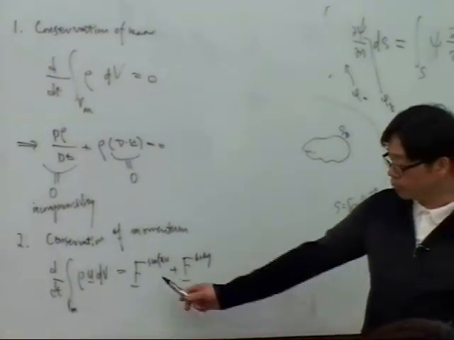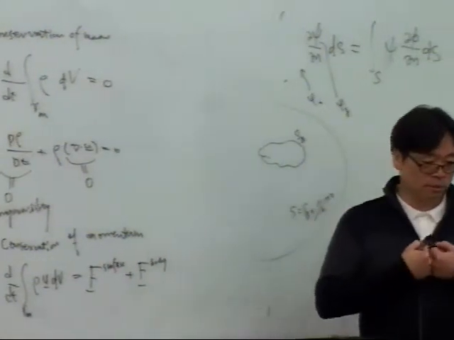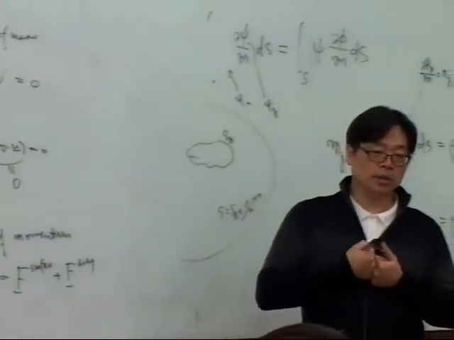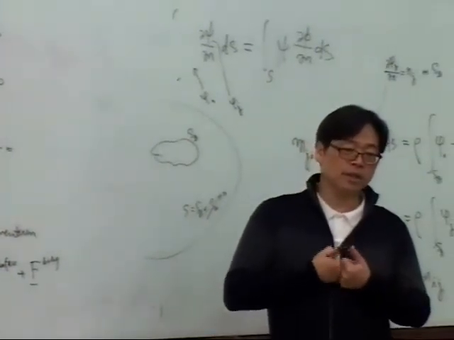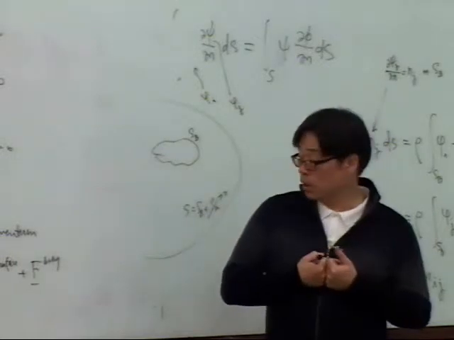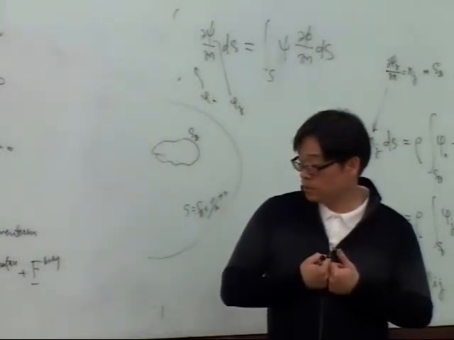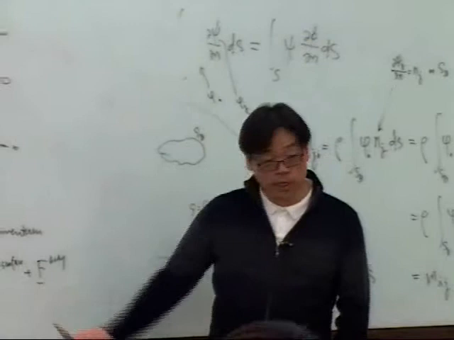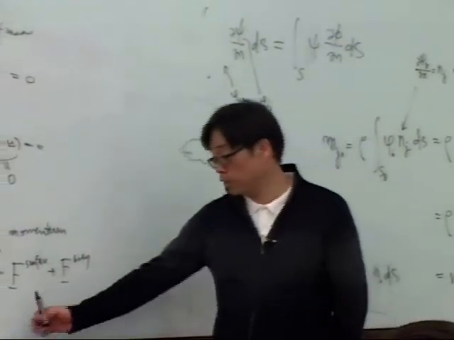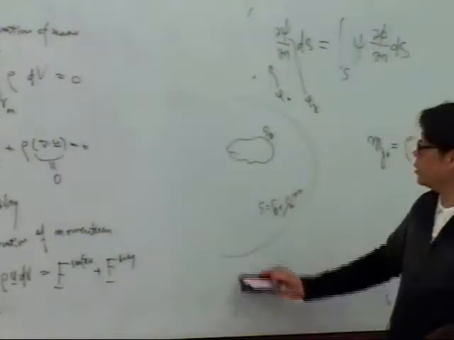Okay? And surface force is the pressure, just contact, and also it can have friction. So the one is the pressure, the other is viscous stress, and that's what you end up with.